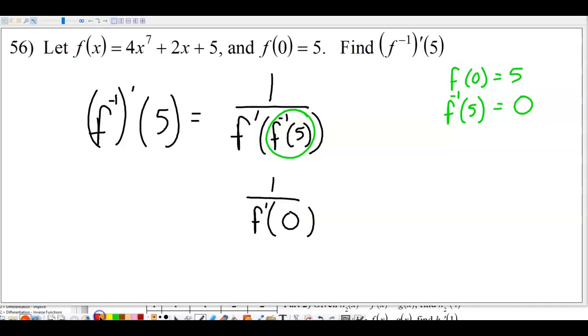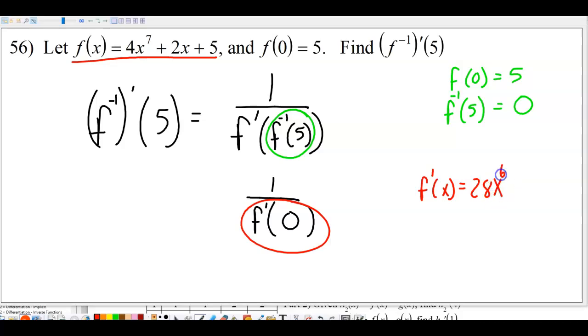Now I want to find out what is f prime of 0. To do that, I need to take the derivative of my function here. And that's going to be 28x to the 6th plus 2. And then I want to plug 0 into it.